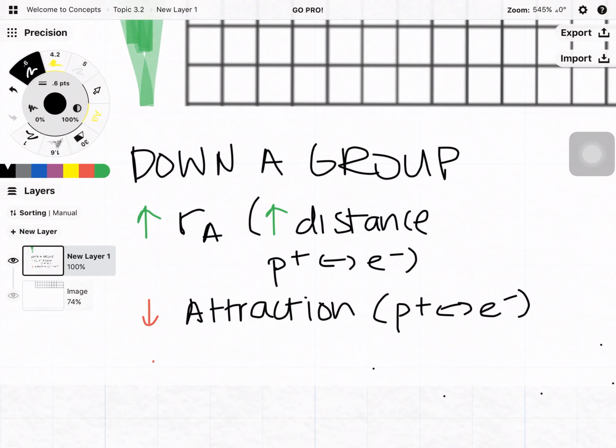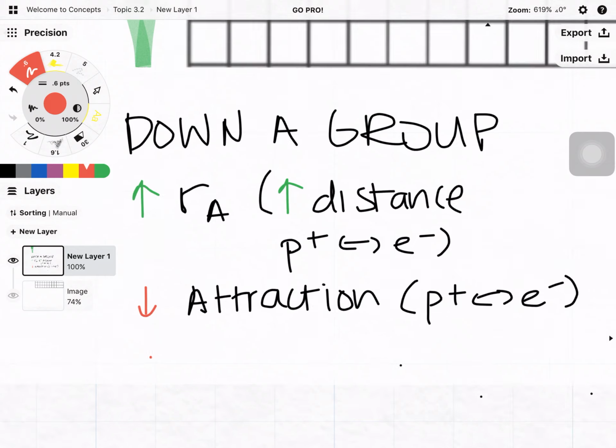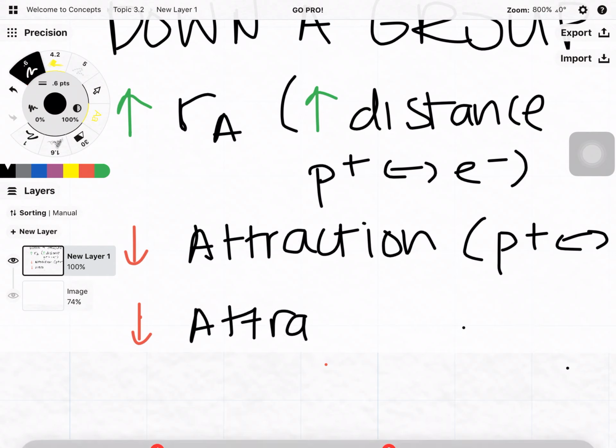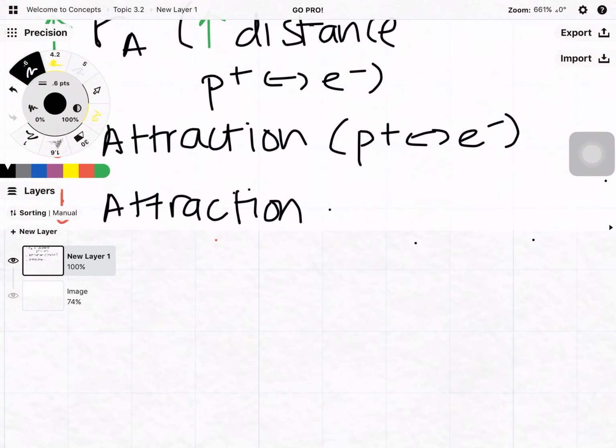Because there's less attraction, it also means less attraction between the protons and the bonding pair of electrons.